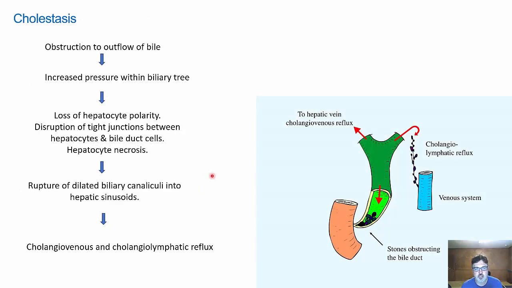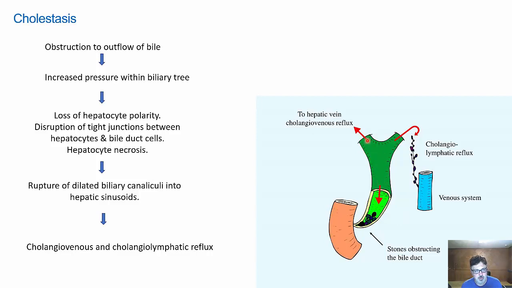So this just kind of shows us some of the consequences of cholestasis. So let's say you have an obstruction to the outflow of bile. Maybe there are some stones that are blocking the outflow here at our hepatopancreatic ampulla or sphincter. And now you can start to see that we have this backing up of the bile.